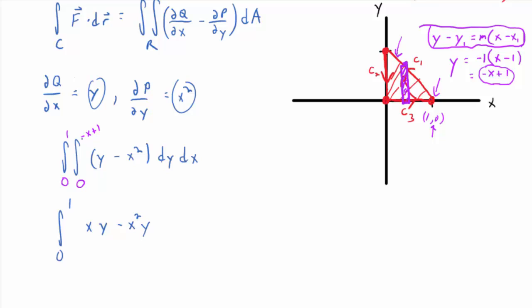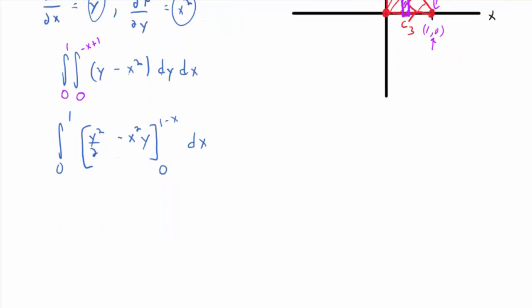No, wait, we integrated with respect to y, so let's check that. So how about y squared over 2? There we go. That looks better. And then x squared minus x squared y? Now we're in agreement. Okay, and then 0 to, I'm going to change it to 1 minus x instead of negative x plus 1. I like that better.